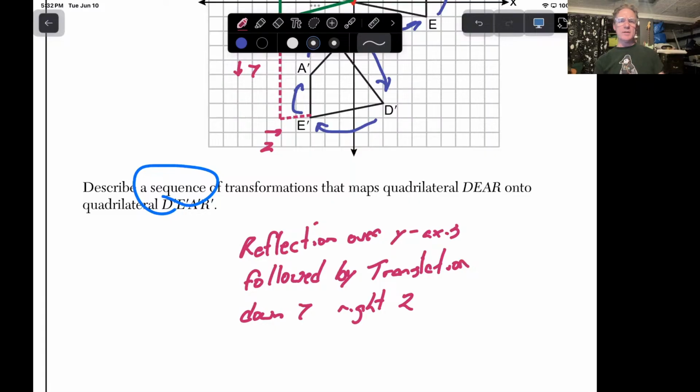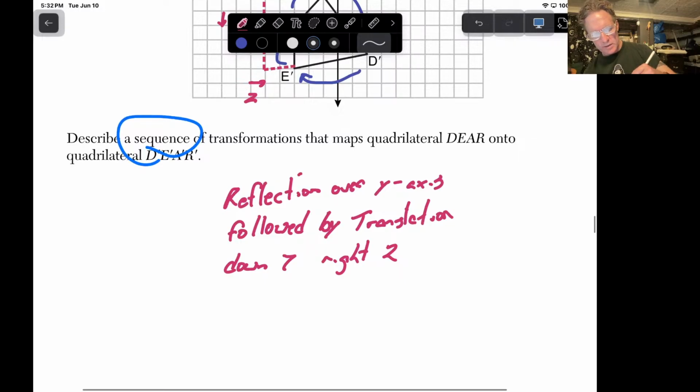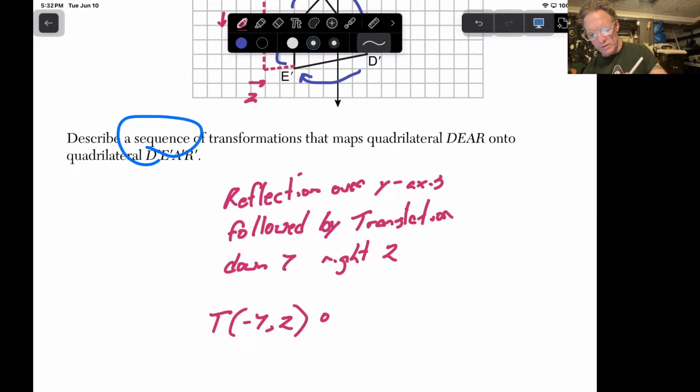If I were to write this in notation form, it's weird because you write it right to left. It would be a translation (-7, 2), then a little circle, and then a reflection, which is lowercase r, y-axis. That's followed by.